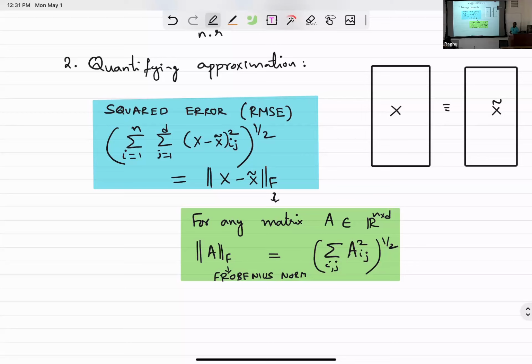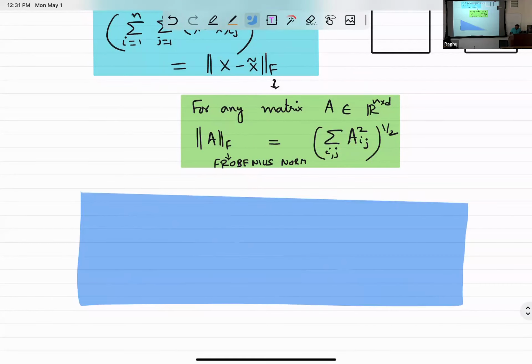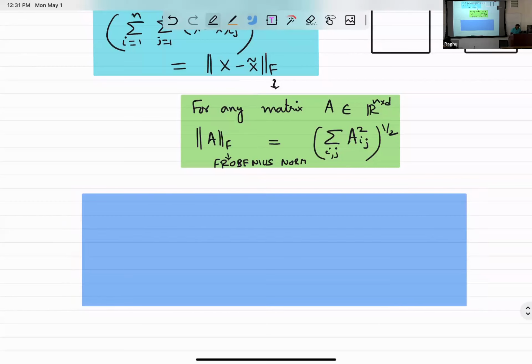Okay, so now we are ready to formulate our computational question. What's the question? I'll call this the low rank approximation problem.